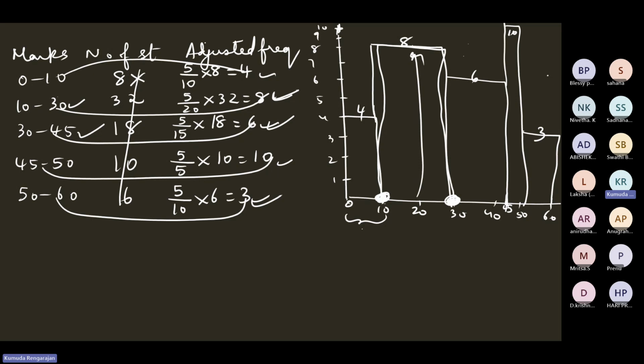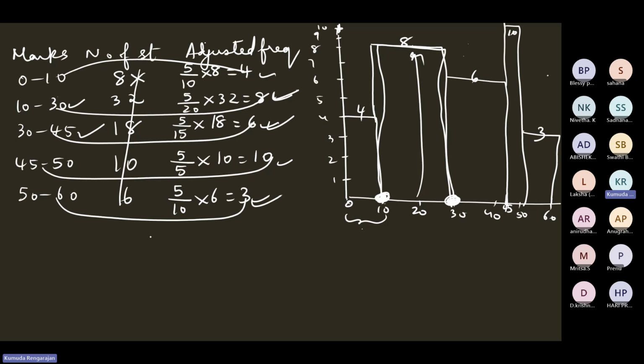Either the class intervals will have the same size, like 0 to 20, 20 to 40, 40 to 60, 60 to 80, and so on, and frequencies will be given. So you should take a suitable scale for the y-axis, and the frequency will be the height of the rectangle. But if the class intervals have different sizes, then you should find the adjusted frequency.